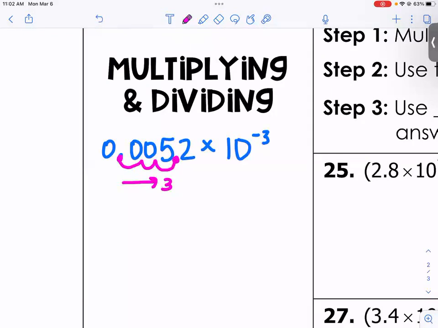It's going to get smaller. If we move our decimal to the right, we are getting smaller. So we're going to have to subtract 3 from our exponent because we moved it 3 times. So this is actually 5.2 times 10 to the negative 6.